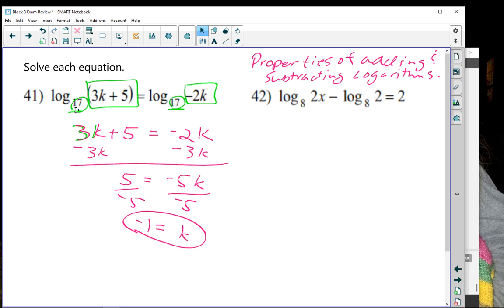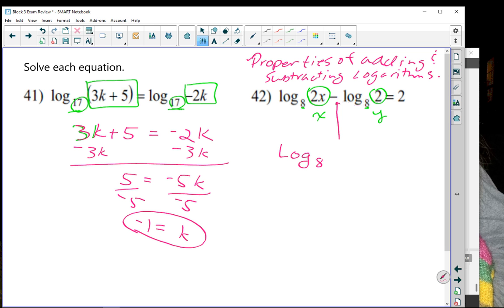Okay, so what I want to do is pretend like that's X, and I'm going to pretend like that's Y. Are the bases the same? Yeah. The bases are the same. So I can apply a property here. When you have subtraction, you're going to rewrite this as log of 8.